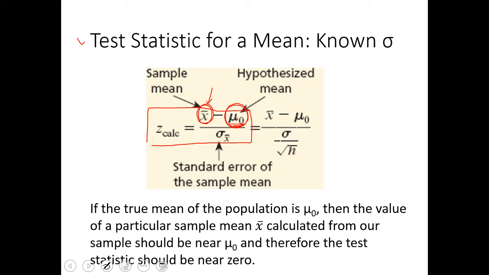That is our benchmark, our market standard, our specification. And here is the standard error for the sample mean, which is given by this simplification, sigma over square root n. That's why we need the population standard deviation. So sigma over square root n is sigma x bar.